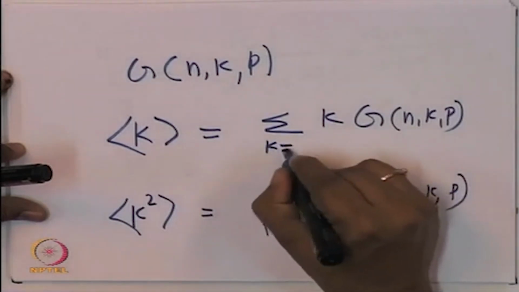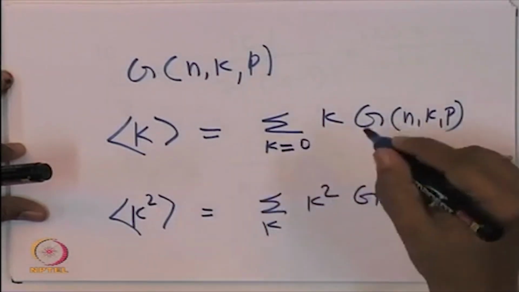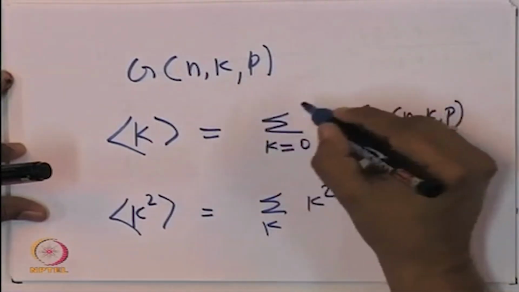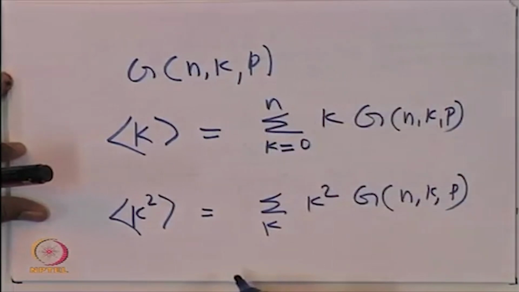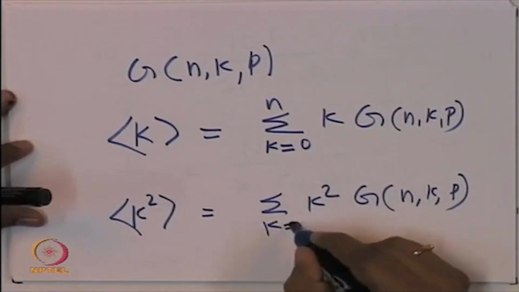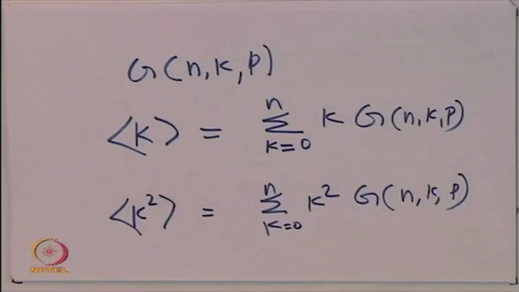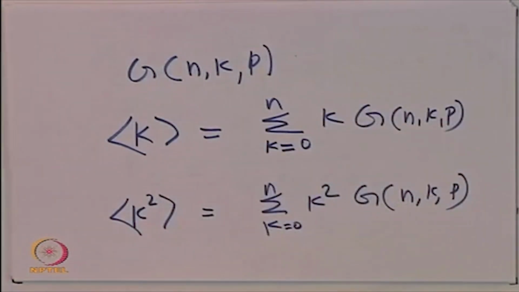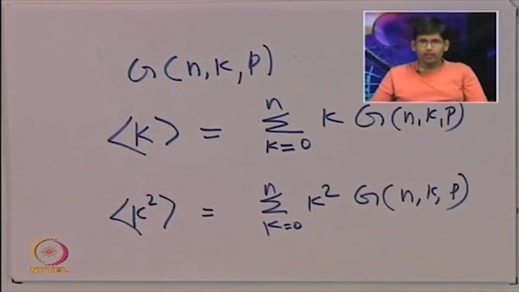In general this runs from 0 to infinity if you want, but in this case it runs to n, so k is 0 to n. If we have this, we can calculate the k average and the k square average and then the variance and all that.